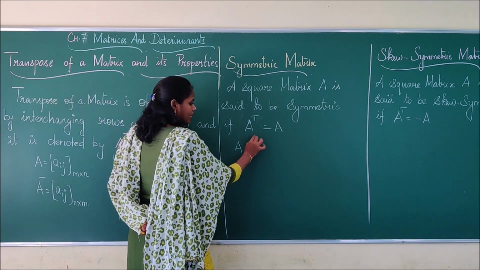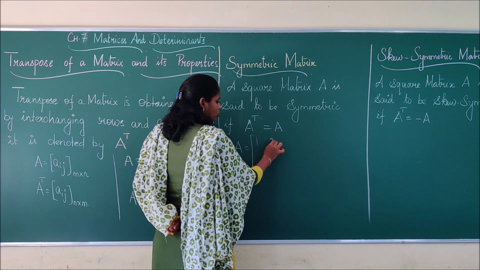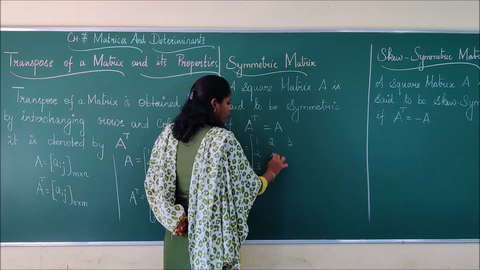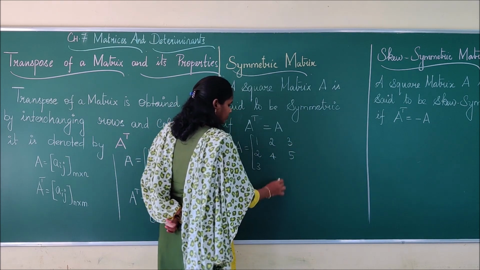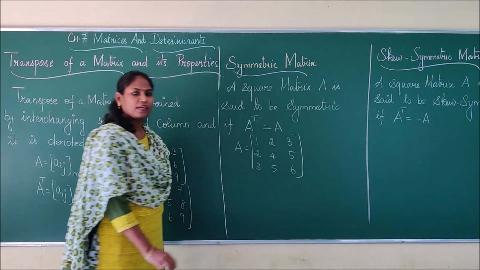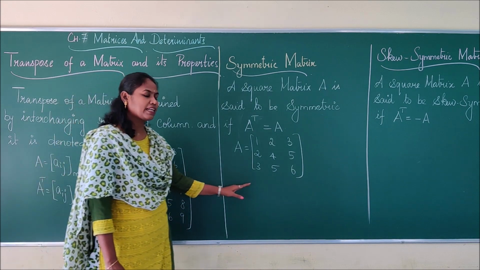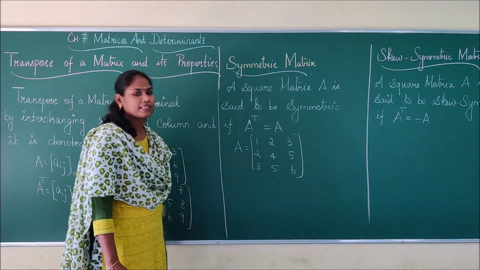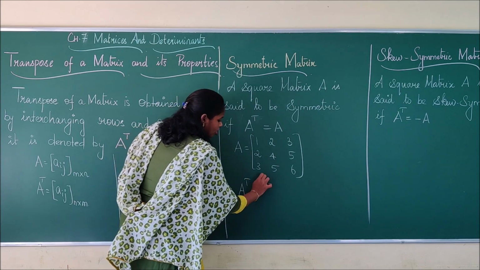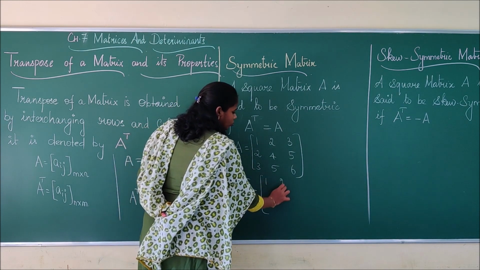Let A be equal to 1, 2, 3; 2, 4, 5; and 3, 5, 6. So this is my A matrix. If I take the transpose of this, I will be getting the same, because the elements are not getting changed. See, 1, 2, 3.